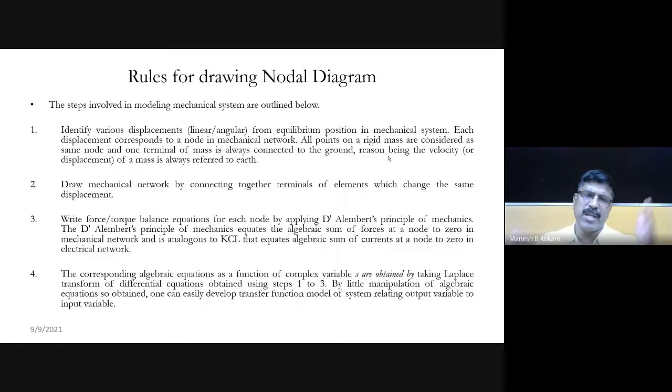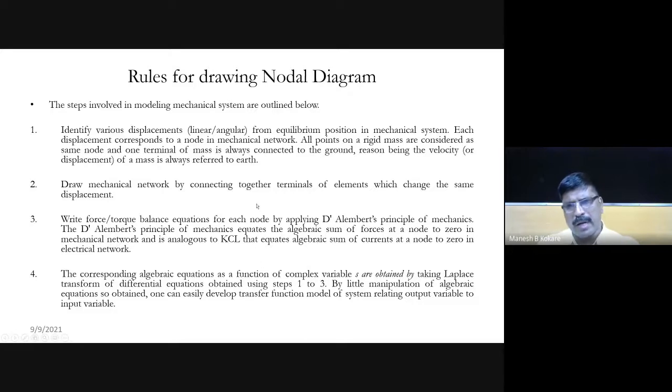If one end of the dashpot or spring is connected to the reference line, then you connect that one to the ground and the other to the nearest displacement point. Otherwise, it will be connected between two displacement points, and so on. In that way you connect all those elements and form the nodal diagram.